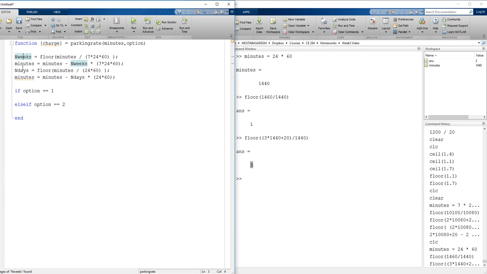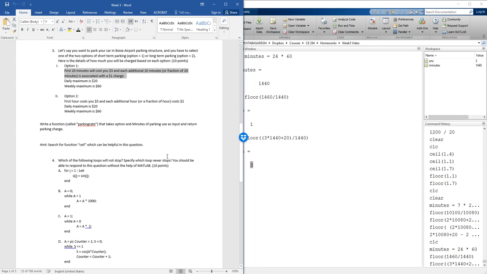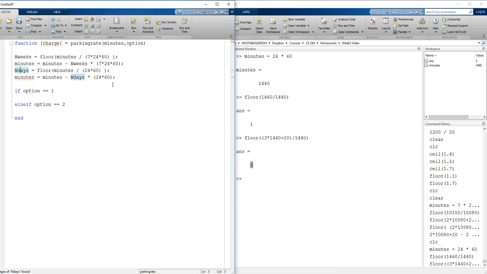So I have my number of weeks, I have my number of days. Now I go back to my question and I see, all right, now I can go to option 1 and option 2. Option 1 says the first 20 minutes cost you $3, and each additional 20 minutes or fraction of 20 minutes is $1 charge.